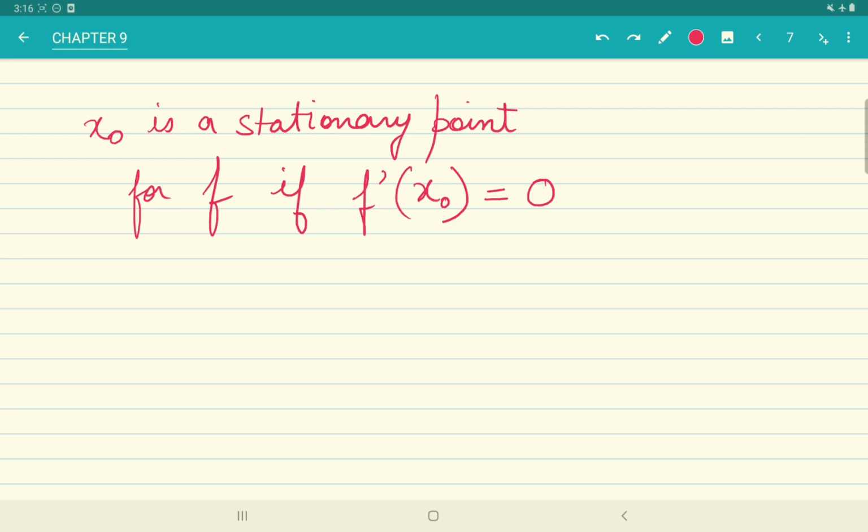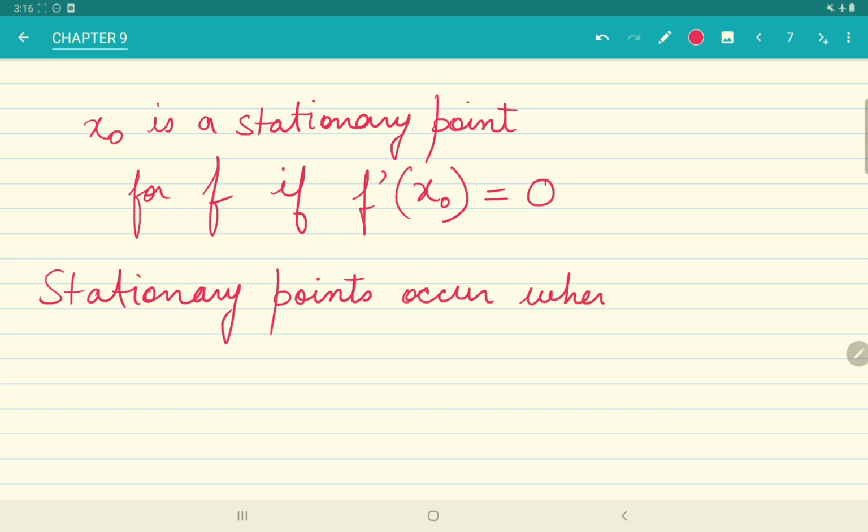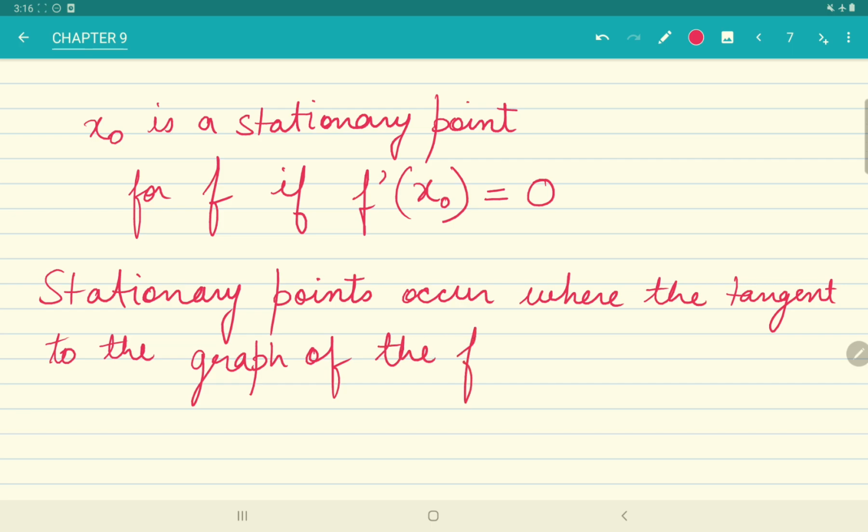And that's why I can write that stationary points occur where the tangent to the graph of the function is parallel to the x-axis.